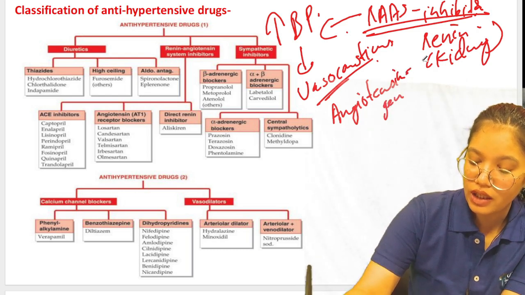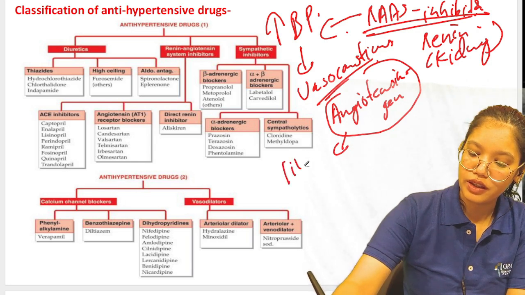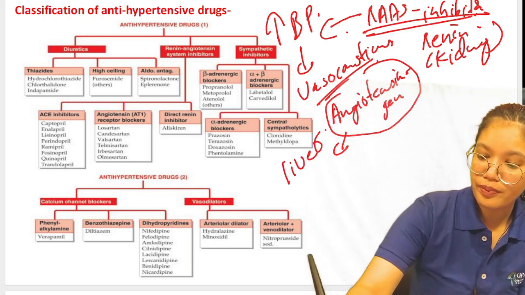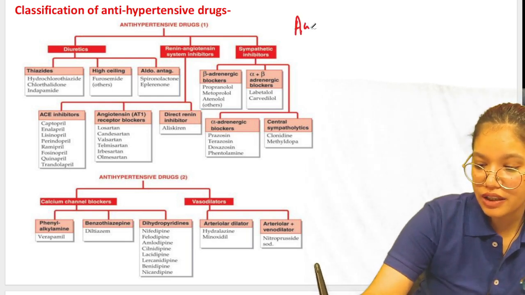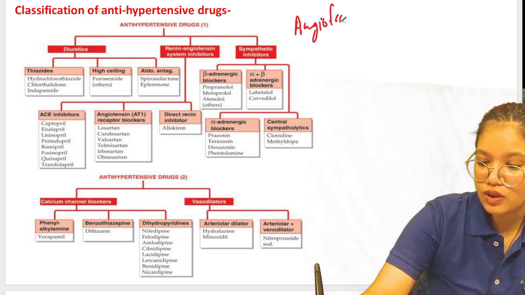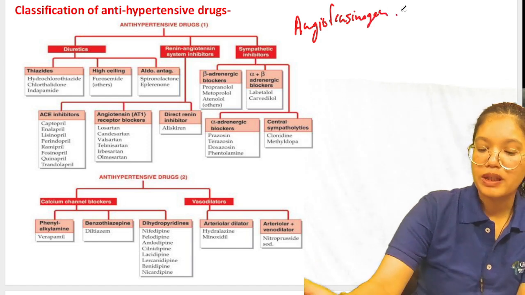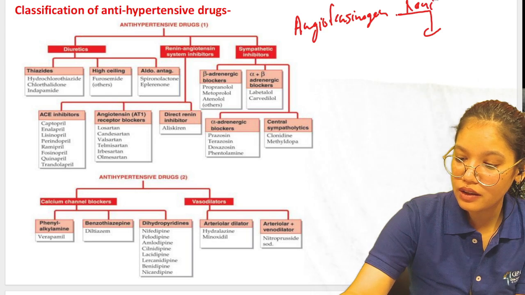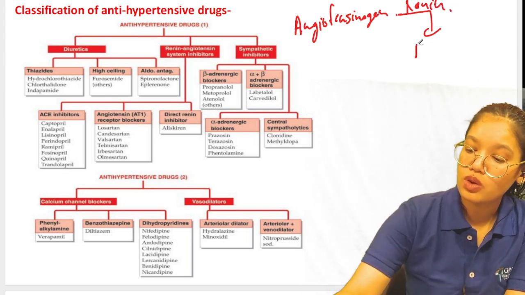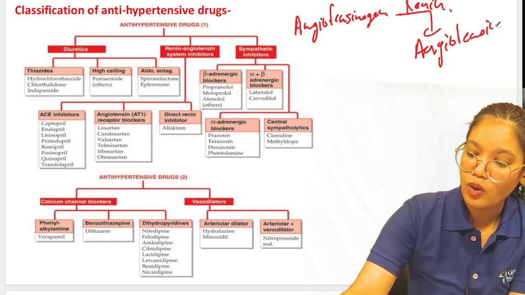Angiotensinogen is released from the liver, and renin helps in activating it. In the presence of renin, angiotensinogen is converted to angiotensin 1.